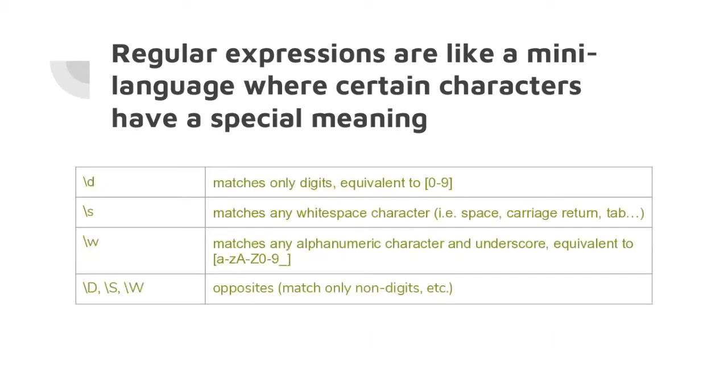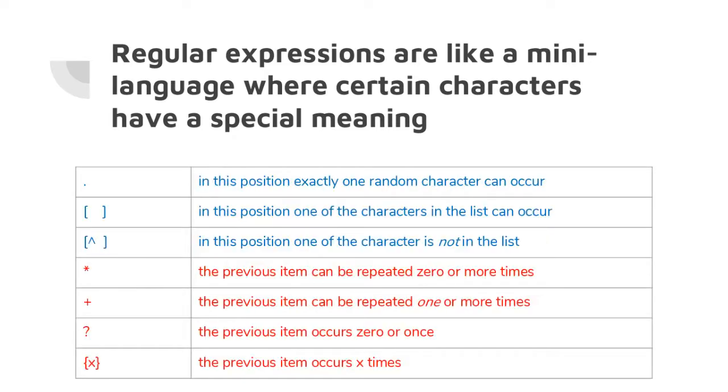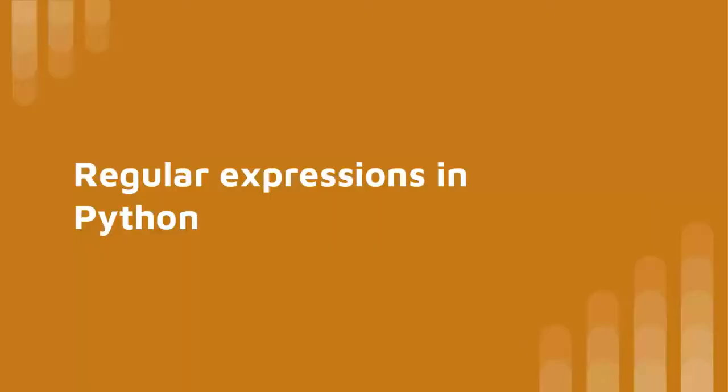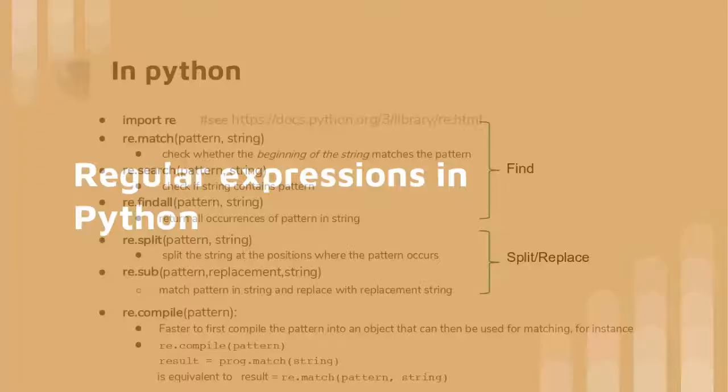And then some other special definitions: \d matches only digits, so it's equivalent to the straight bracket with 0 until 9. \s matches any white space, so a new line or a space, and \w matches any alphanumerical characters, and also the underscore. And so with these symbols, techniques, you can create your own regular expression.